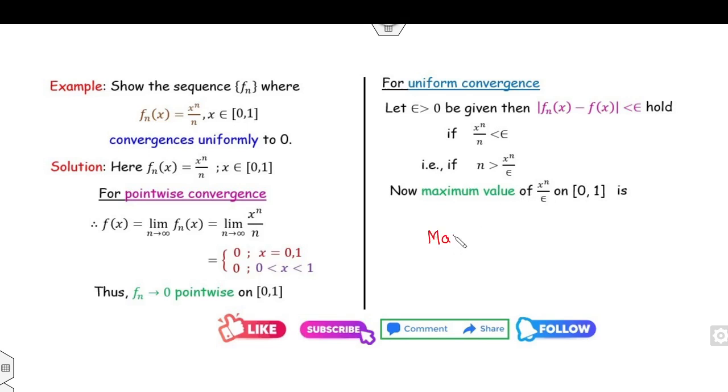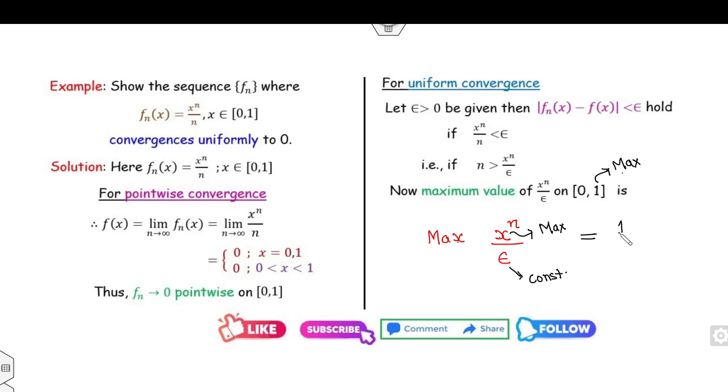So how can you find the maximum value of x raised to power n over epsilon? Clearly, epsilon is a constant. So the maximum value of this will be when x is maximum, at 1.